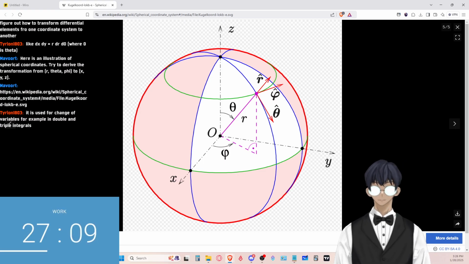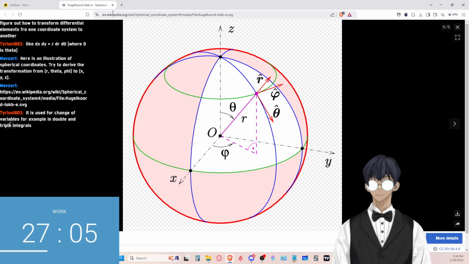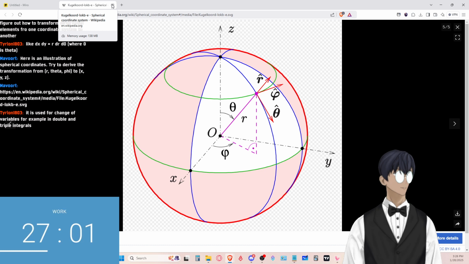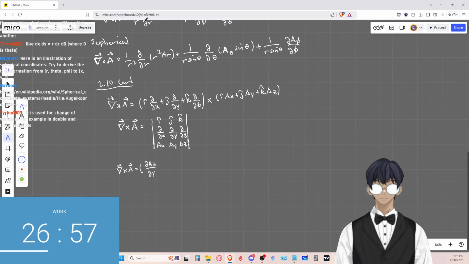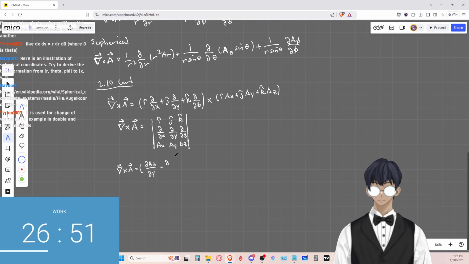Maybe I'll learn that when I get into linear algebra. Yeah, because I just remember the transformations between spherical. So let me just write this down for a second.